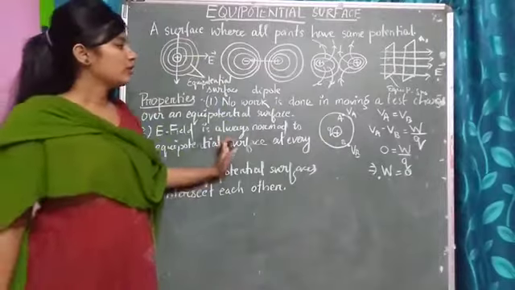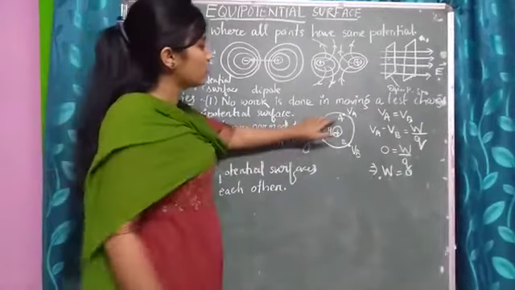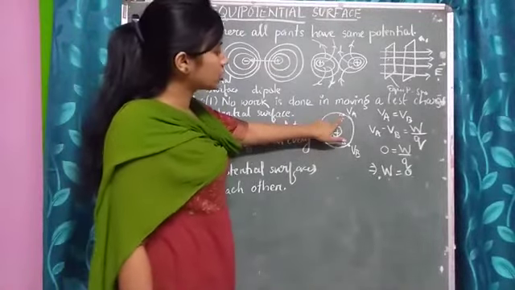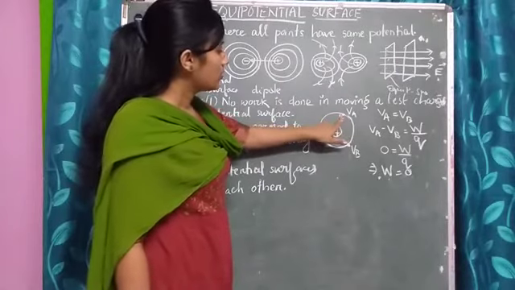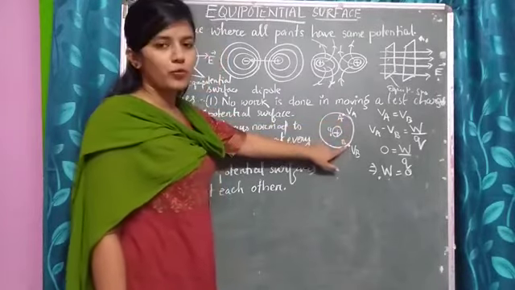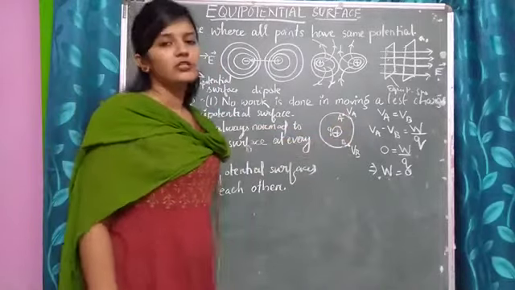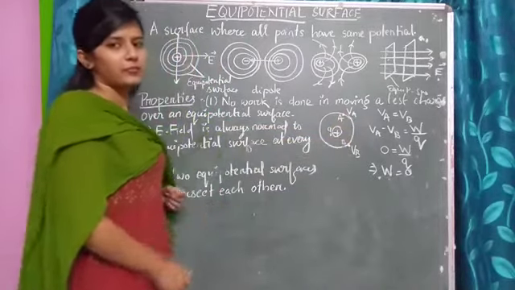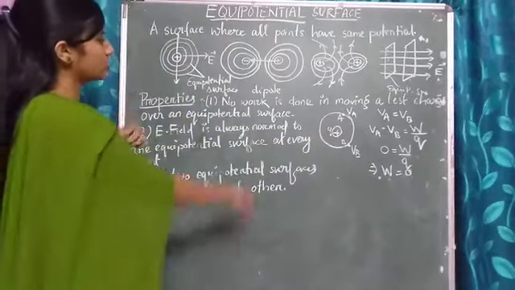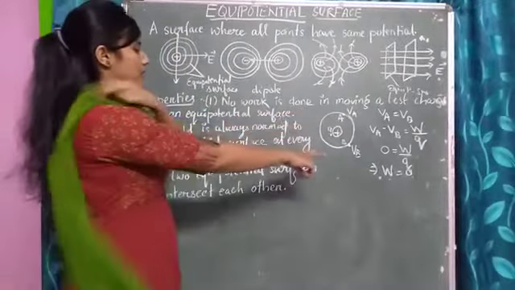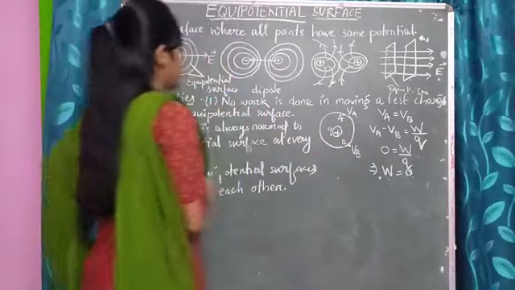That means there is no work done in moving a charge from one point to another on an equipotential surface, because the surface has the same potential. So this is the first property and this is its proof.